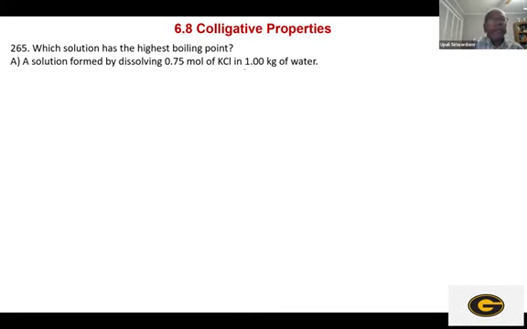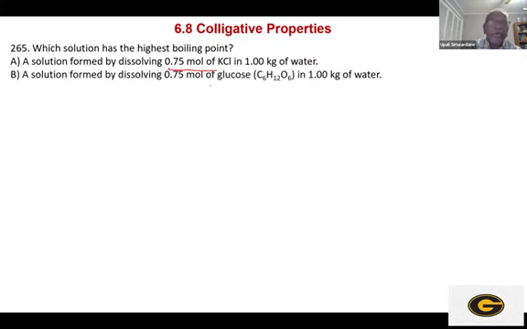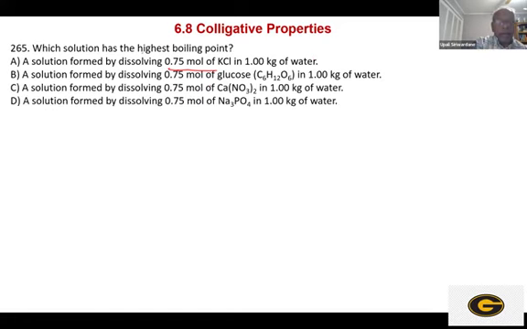A solution is formed by dissolving a solute in 1 kilogram of water. 1 kilogram is 1,000 grams. Therefore, same boiling point elevation constant. Highest boiling point, highest number of particles.